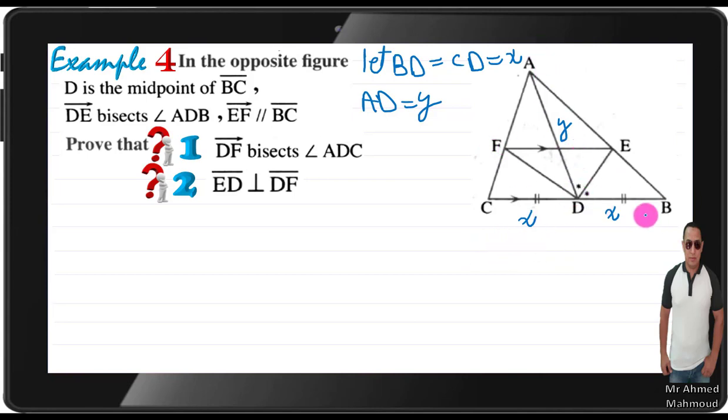Now I will start with triangle ADB because it already includes a bisector, which is DE.